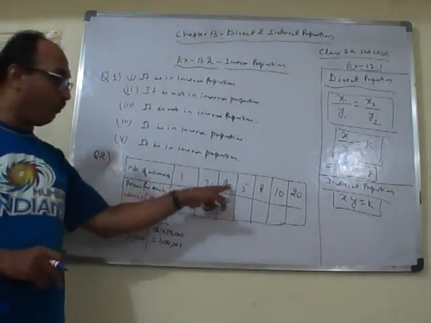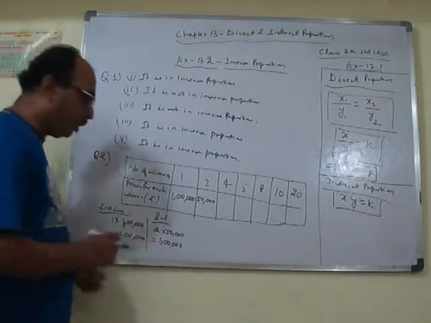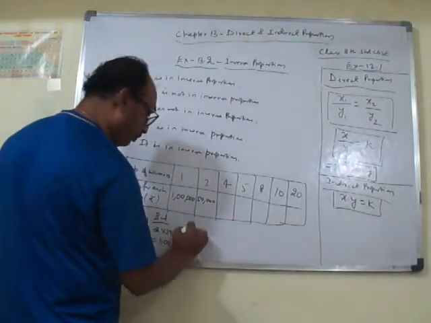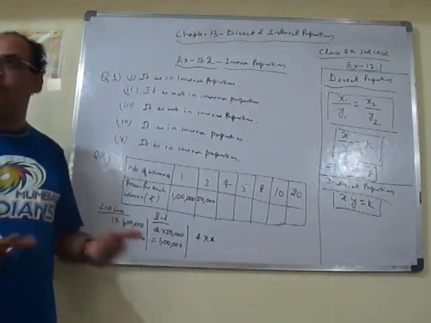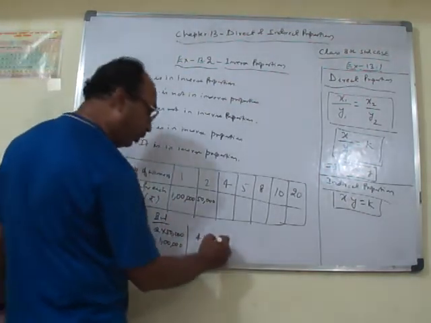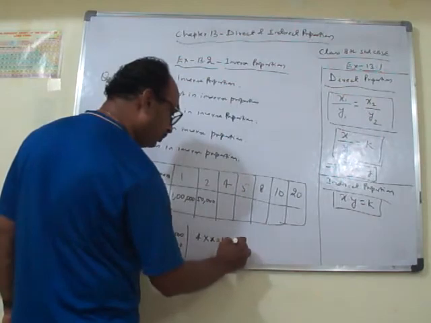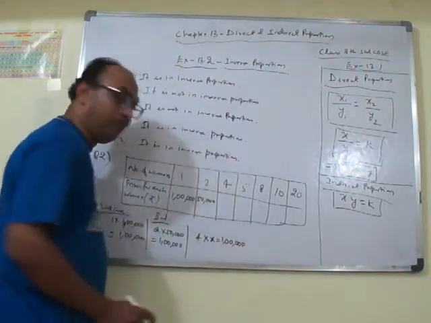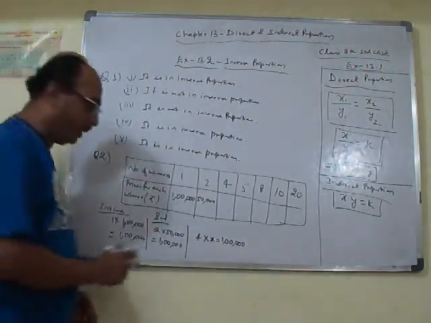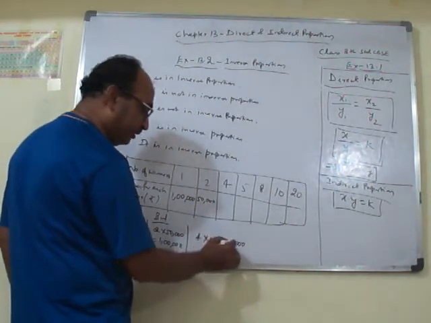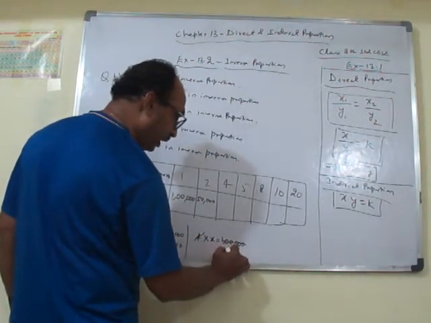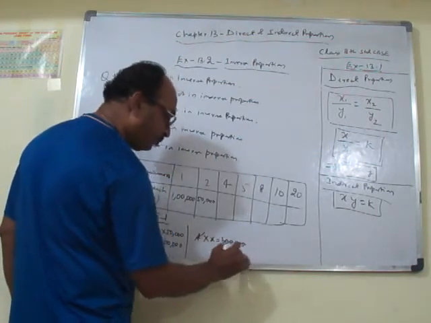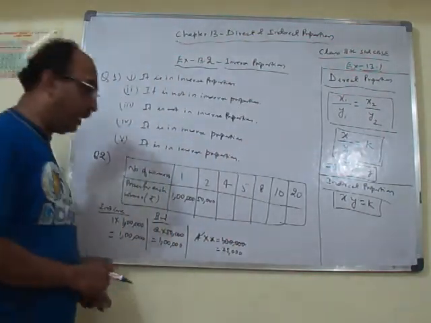Now to find for 4 winners, what will we do? 4 into x, we do not know, and it should be equal to 1 lakh. So when we divide 1 lakh by 4, we get 25,000.